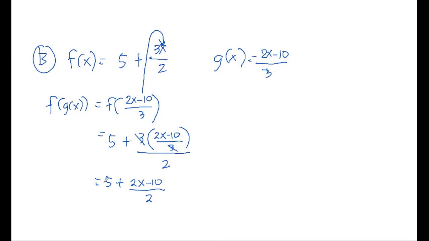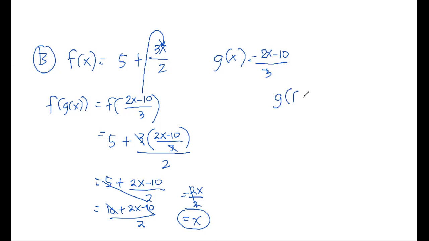Then we could cross multiply it. We'll get (10 plus 2x minus 10) divided by 2. 10 minus 10 is 0. So we're left with 2x over 2. 2 divided by 2 is equal to x. This is now our f composition of g of x.